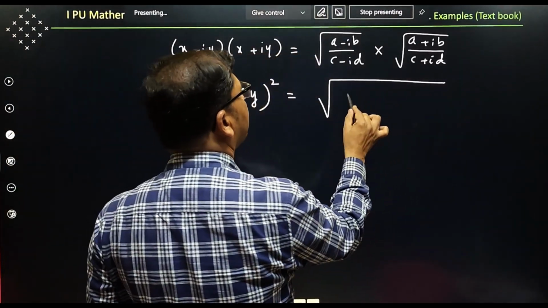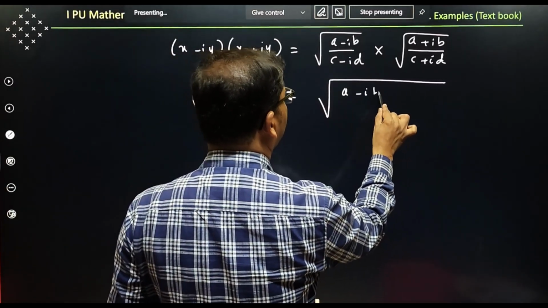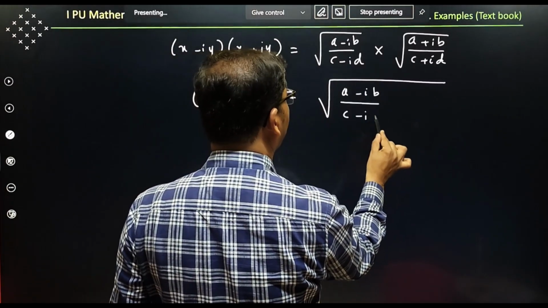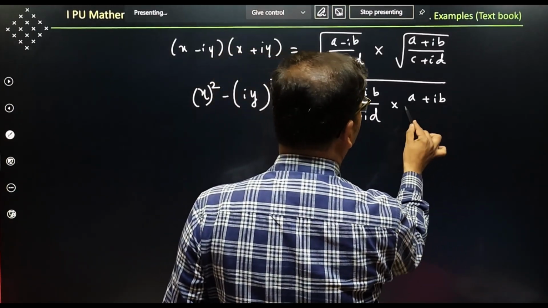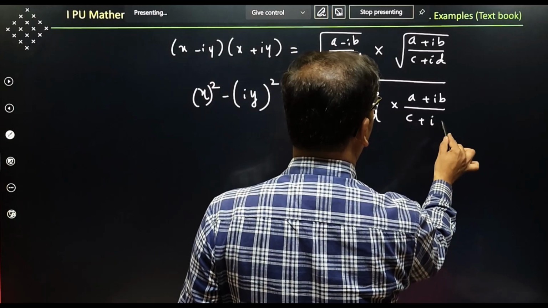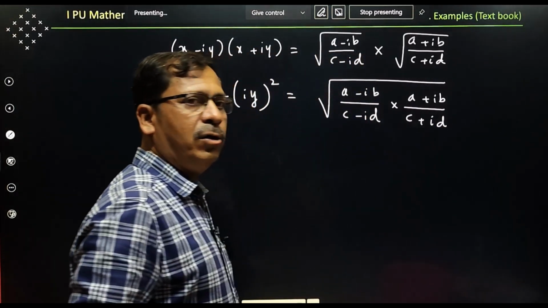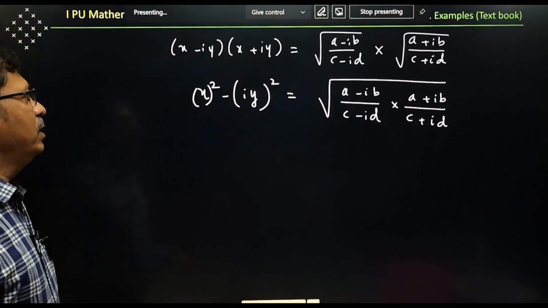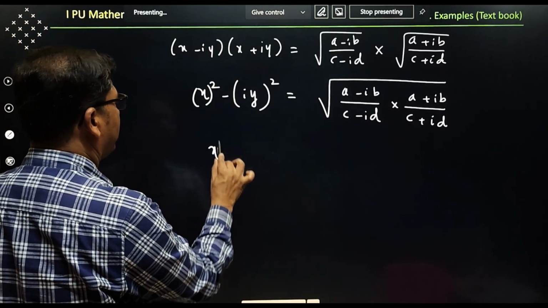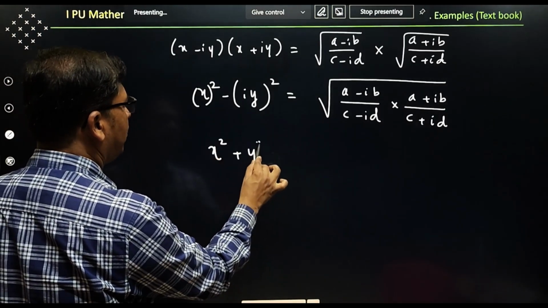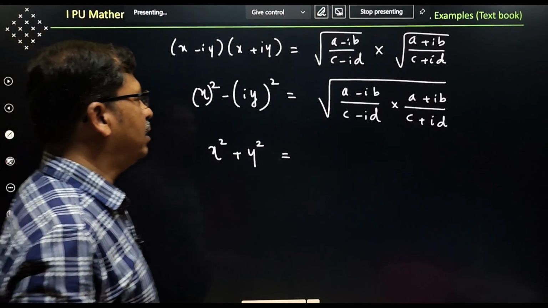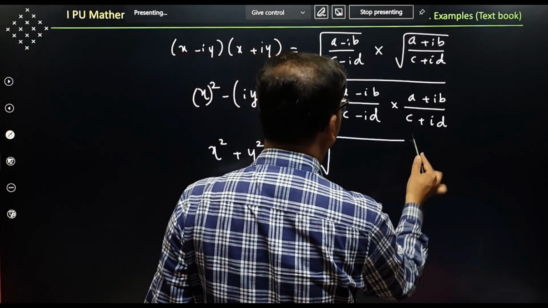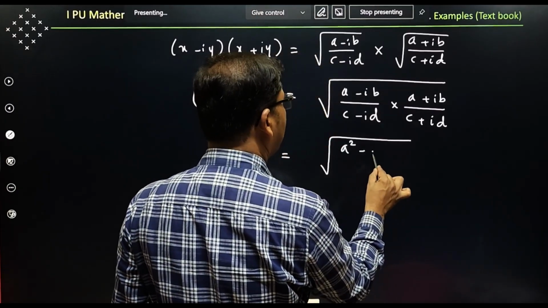So a minus ib divided by c minus id, you write in the denominator, into a plus ib divided by c plus id. Got it? So this is x square plus y square. Let us come directly to one step. Now i square is -1, so see how much changes. This is under root a square minus ib bracket square.